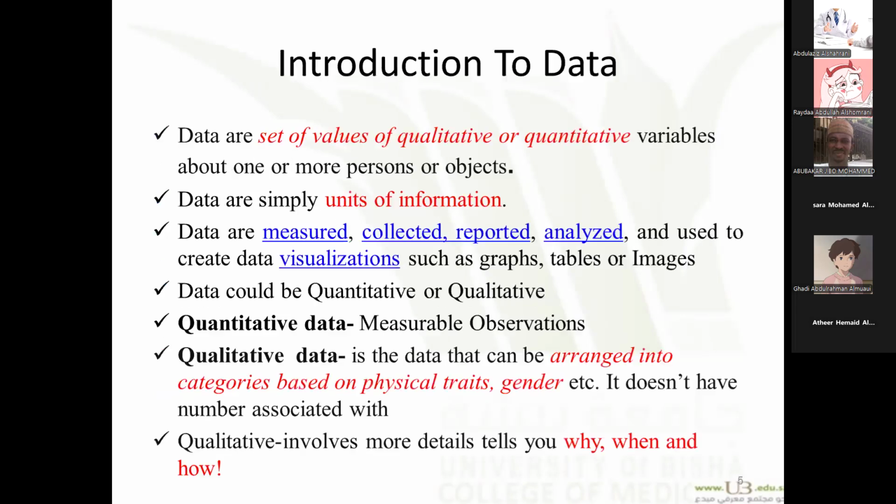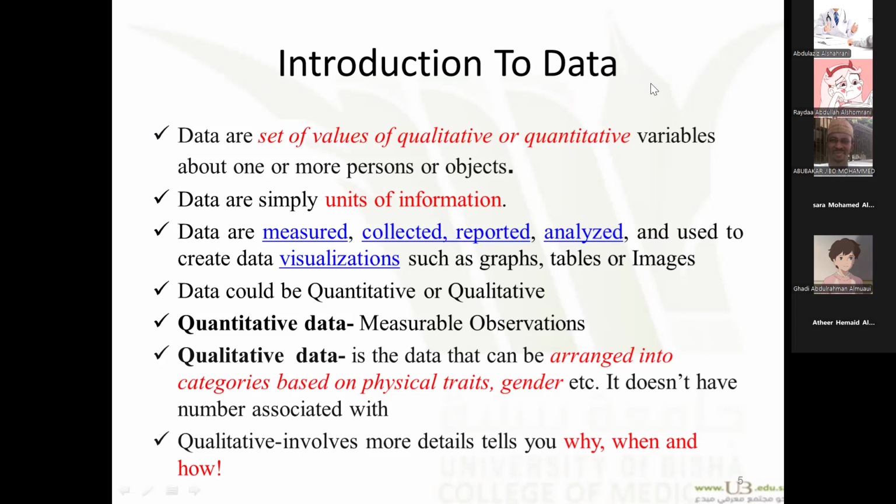Now, introduction to data. What is data? Data are a set of values of qualitative or quantitative variables about one or more persons or subjects. Of course, we then say what is a variable? A variable means any measurable entity. So data is a set of variables, which is either qualitative or quantitative.